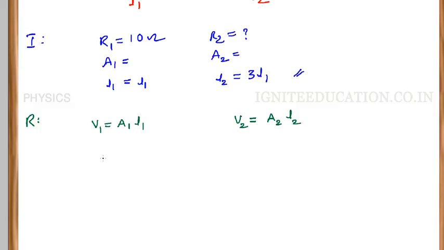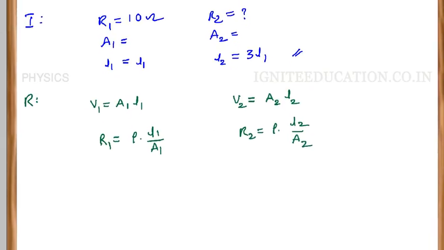And at the same time, R1 is equal to rho into L1 by A1, R2 is equal to rho into L2 by A2. Why am I writing rho here? Because it is the same material, so resistivity is the same for those two.